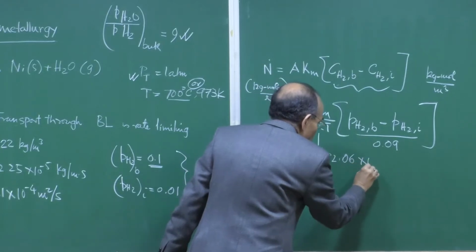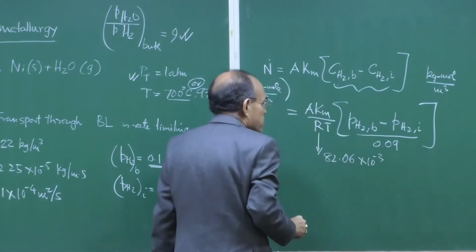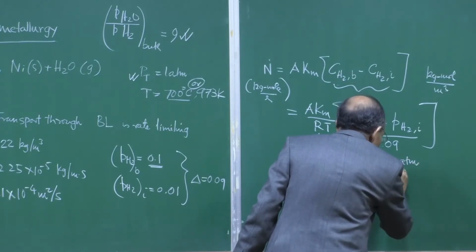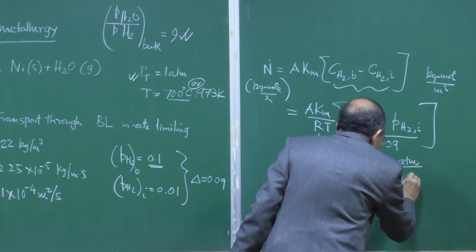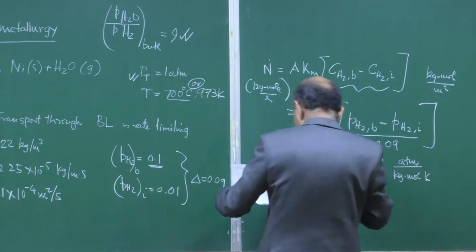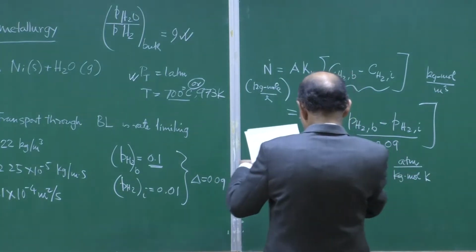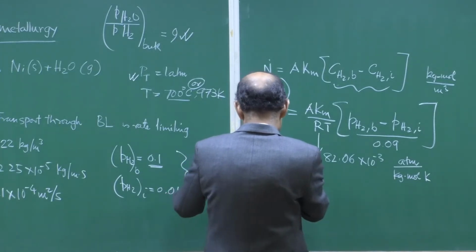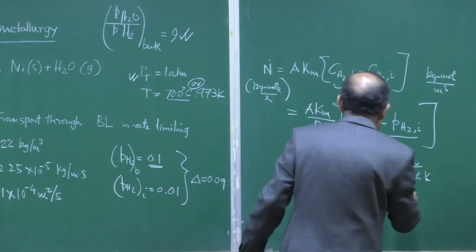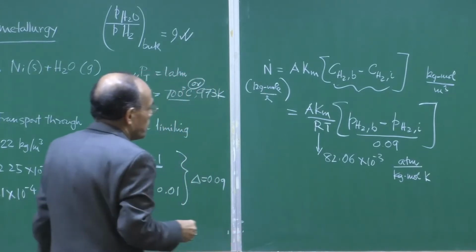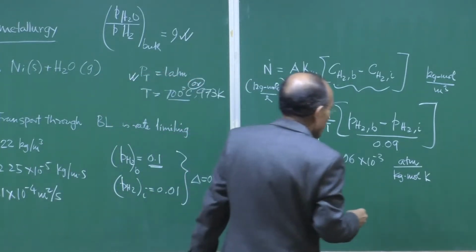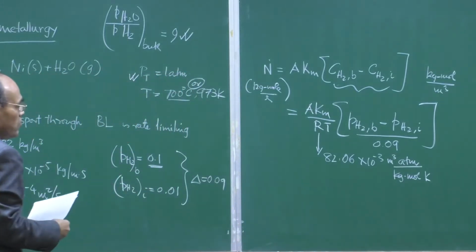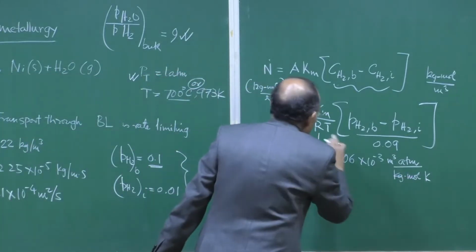R is known to us, 82.06 into 10 to the power minus 3, and this is meter cube atmosphere per kg mole Kelvin. So, this Kelvin will cancel out.